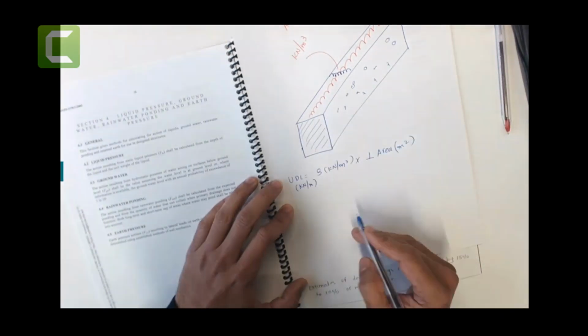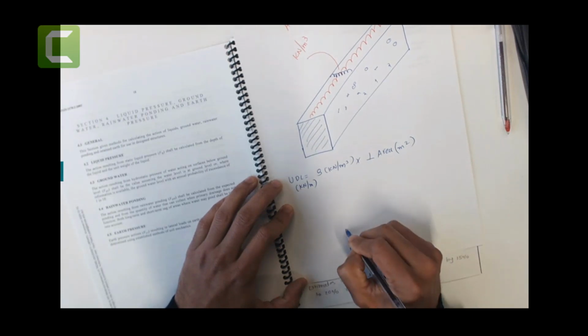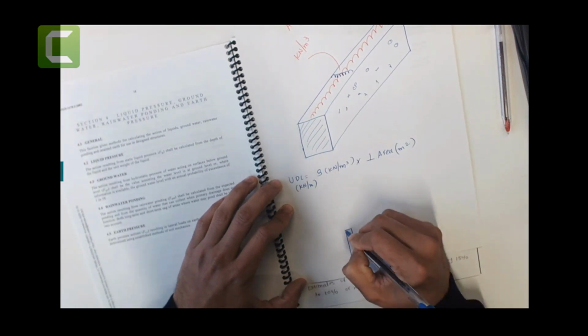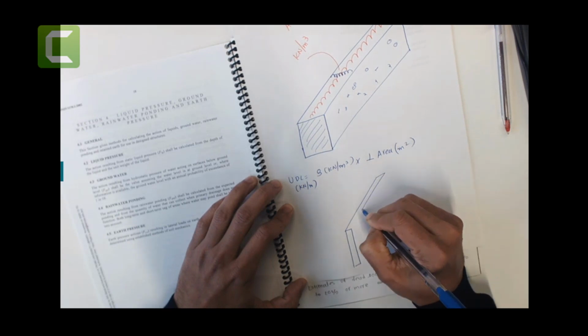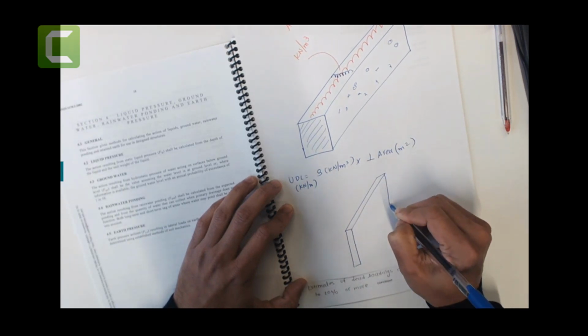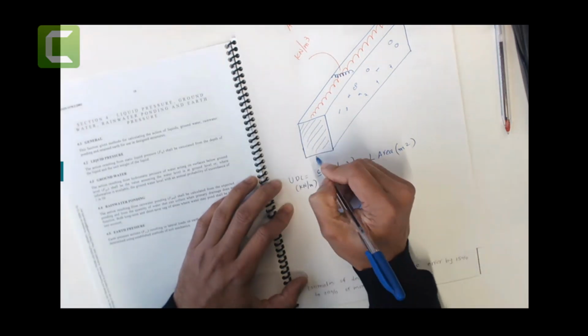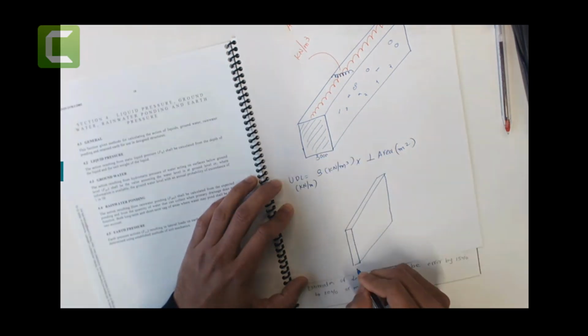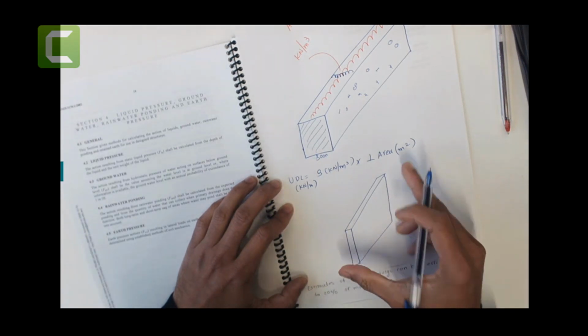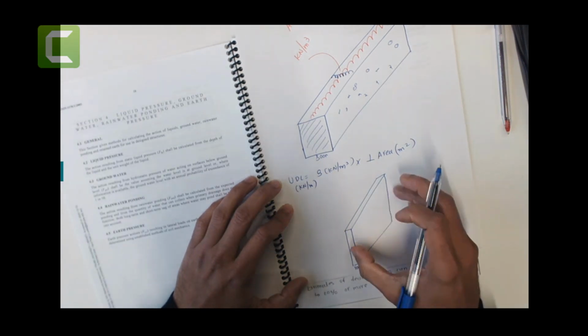Another exceptional case is if you come across a wall, let's say a brick wall. The thickness of a brick wall is smaller. You can look at this: this one is 300 millimeters, but this one would be, let's say, 100 millimeters. This is the thickness and these are the widths.